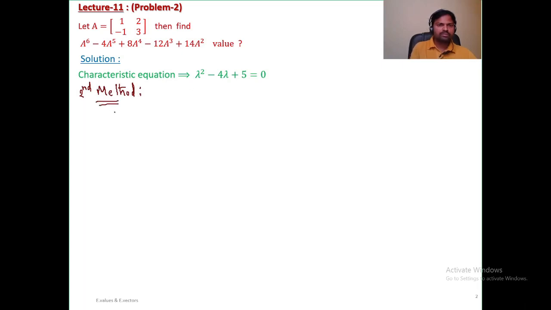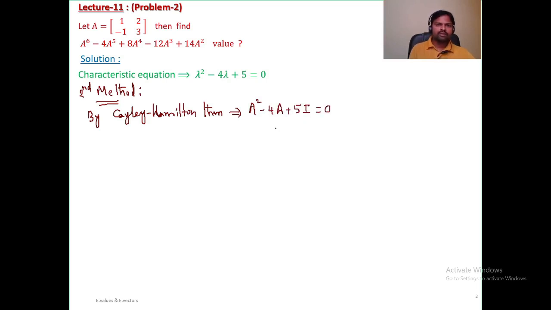First, by the Cayley-Hamilton theorem, a square matrix A satisfies its characteristic equation. Therefore A square minus 4A plus 5 times the identity matrix equals the null matrix.